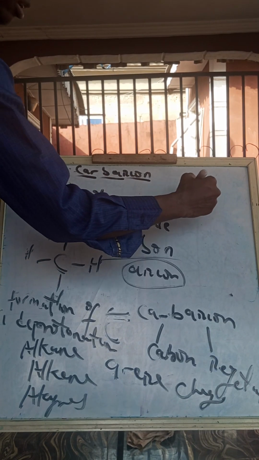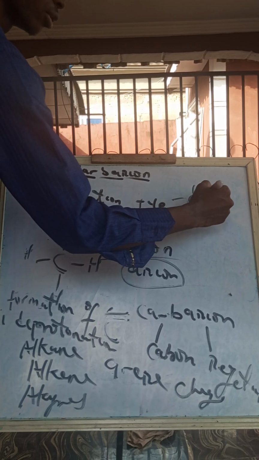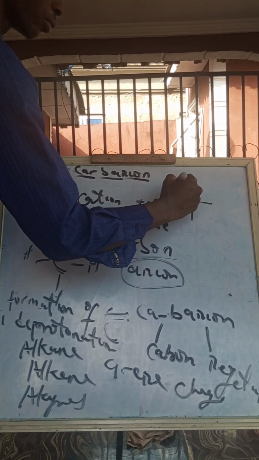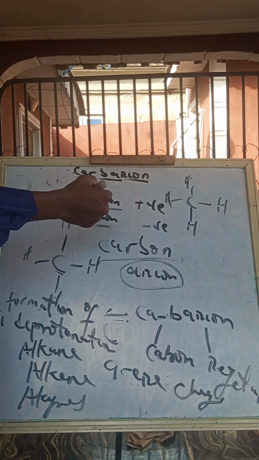Very good. So now, in simple terms, they have a concentrated electron density at the negatively charged carbon, which in most cases reacts with a variety of electrophiles. Let's use an alkane as an example. We have this particular compound. To deprotonate this compound is very easy.